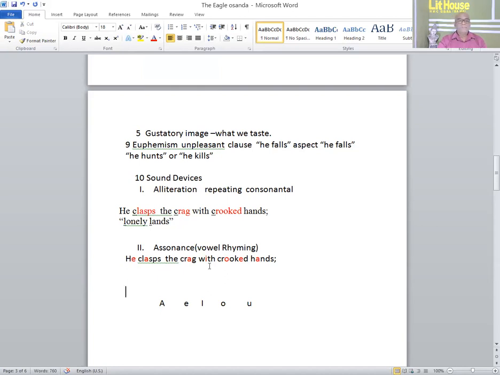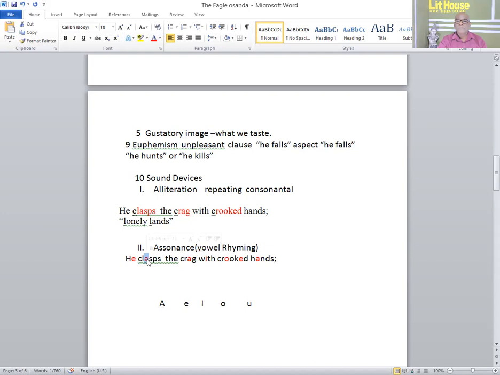Now let's analyze. What is the vowel letter here? E. What is the sound? E. Now what is the vowel letter here?